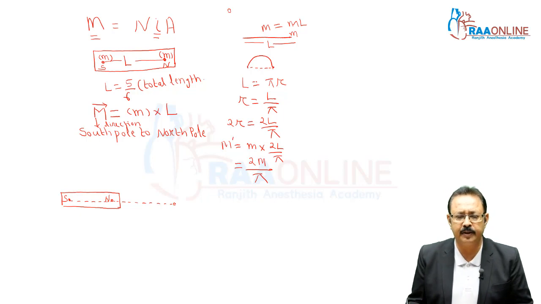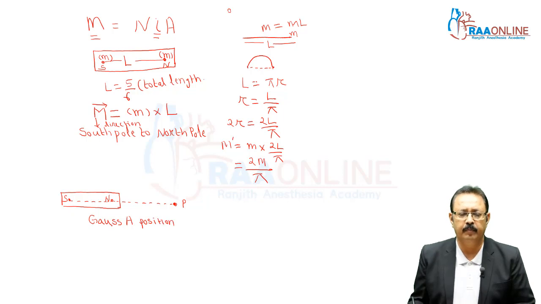This point is known by three names. Number 1, point P, with respect to this magnet, is in the Gauss A position. Number 2, you can say it is the Tan A position. Number 3, it is the end-on position.